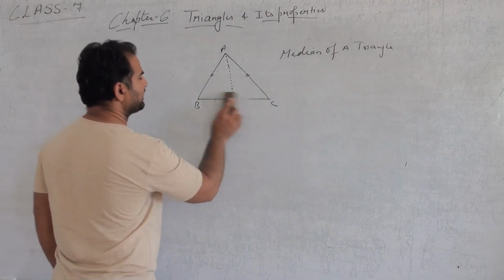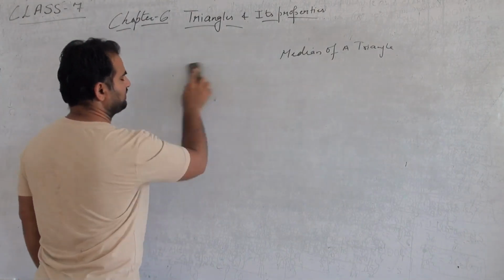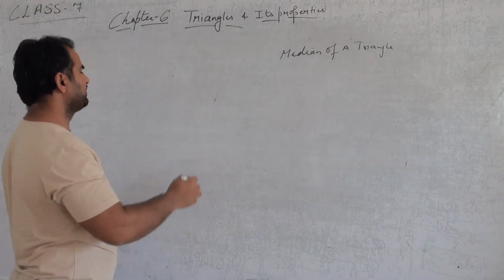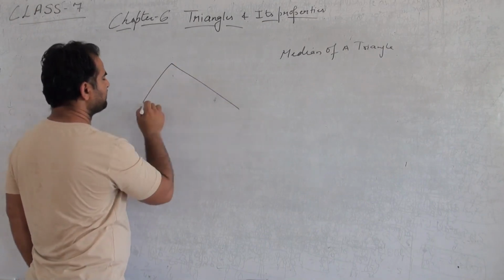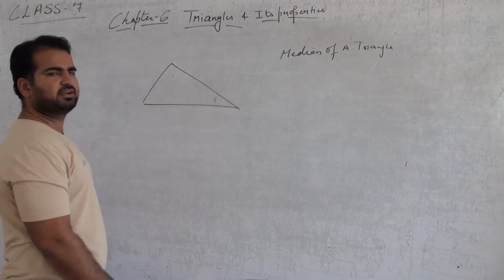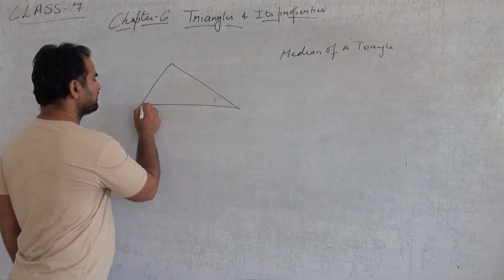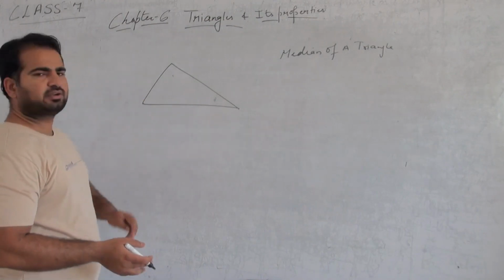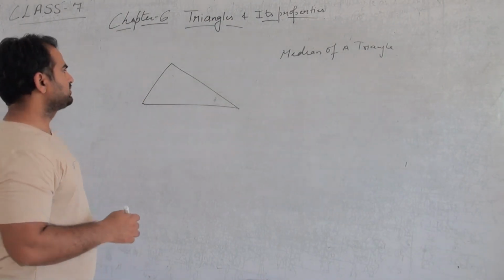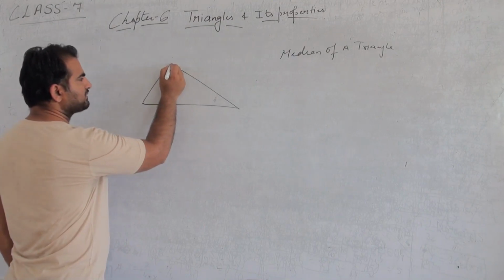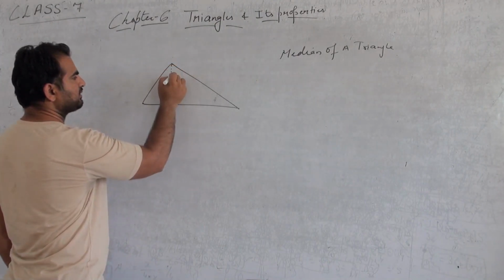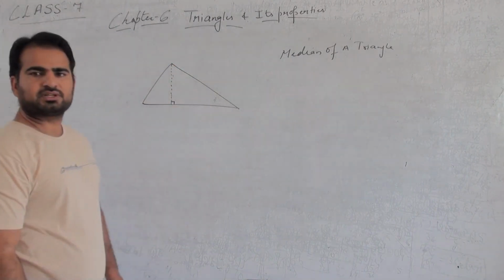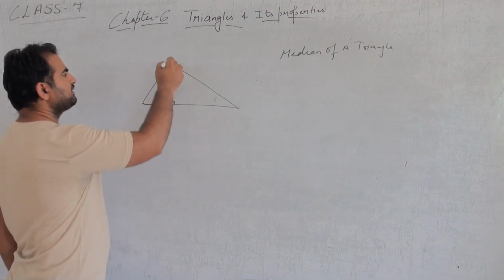First of all, we are taking a scalene triangle, or an acute angle triangle. So this is our acute angle triangle, all the angles less than 90. How can we draw the altitude of this triangle? The perpendicular distance from the topmost point to the opposite side is known as the height of the triangle.